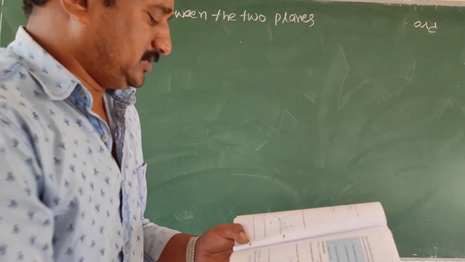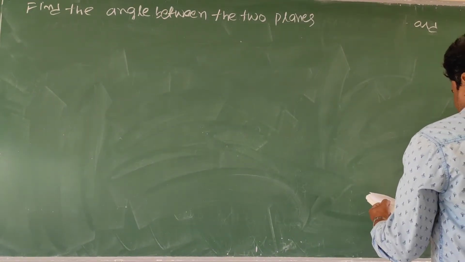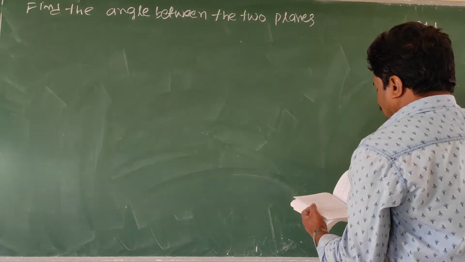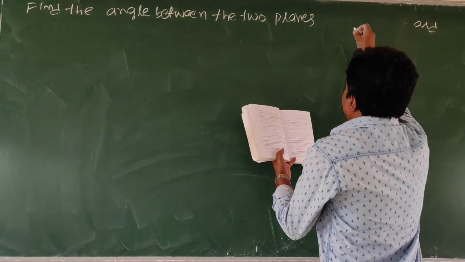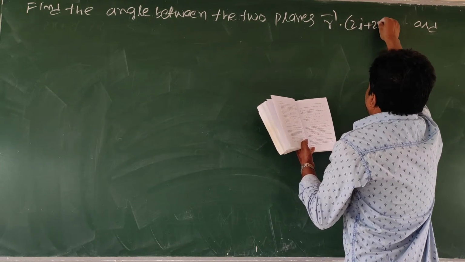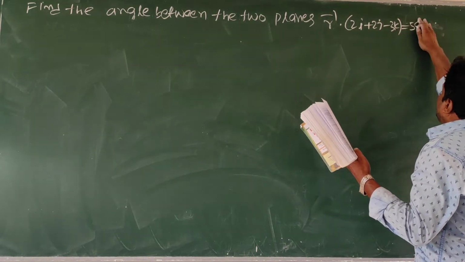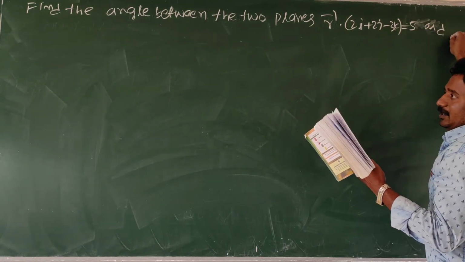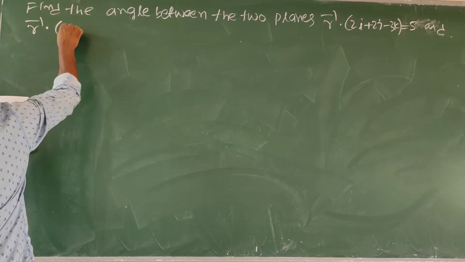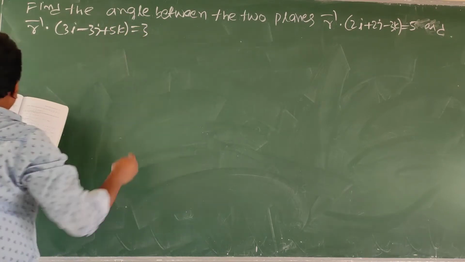Find the angle between the two planes: r dot 2i plus 2j minus 3k is equal to 5, and r dot 3i minus 3j plus 5k is equal to 3.